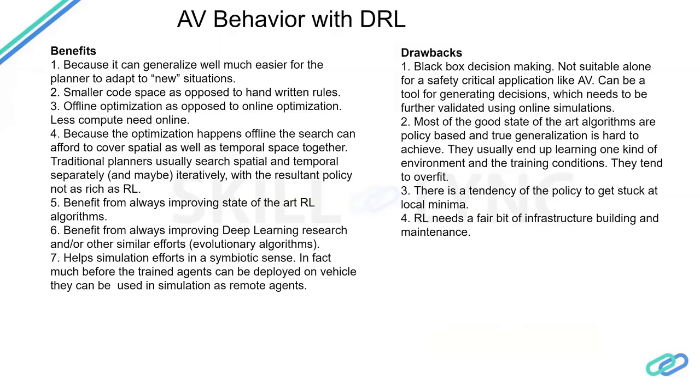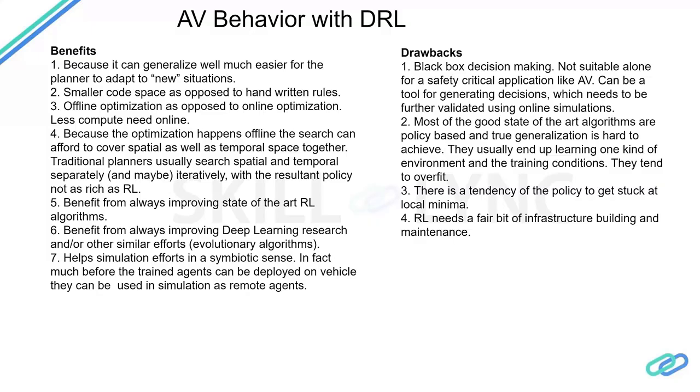Again, I'm trying to summarize the benefits of behavior planning with DRL. Because you are using a neural network, it can generalize much more easily to new situations, like humans can.